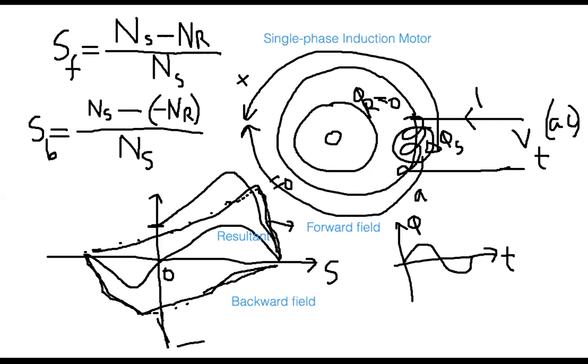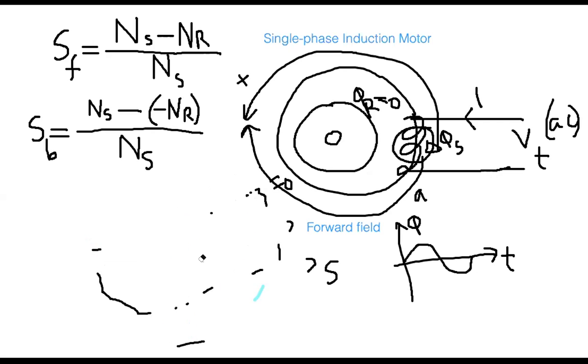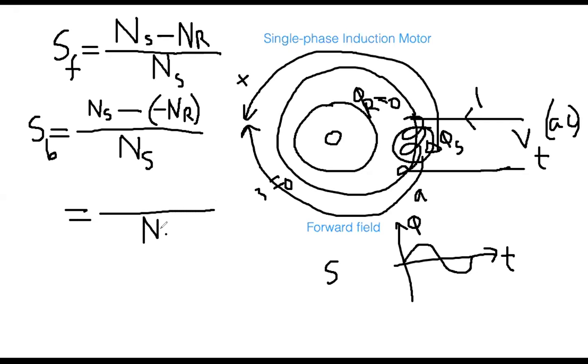So now everybody see here, what you are getting? My denominator is fine, but in the numerator it is getting plus. So therefore NS plus NR.